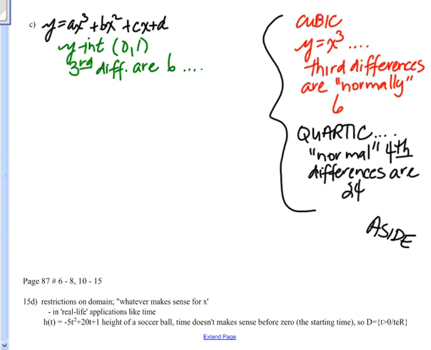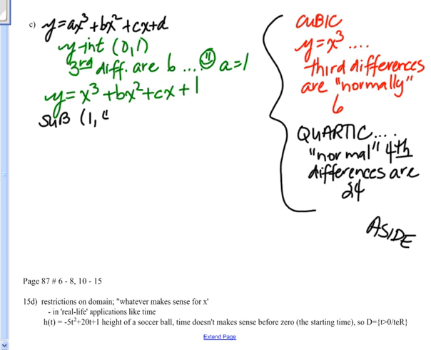So a equals 1. Normal third difference for a cubic is 6. Anyways, so our a is 1. So far we have y equals 1x cubed plus bx squared plus cx plus 1. I'm going to substitute a point. Let's choose 1, 4.